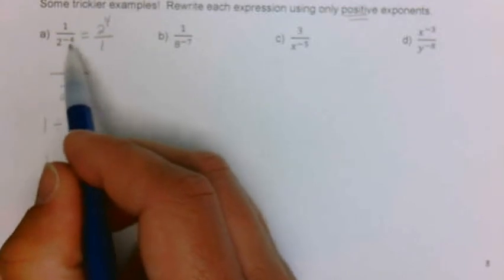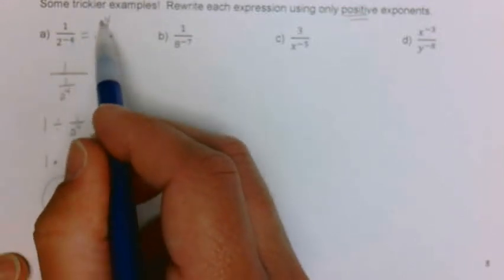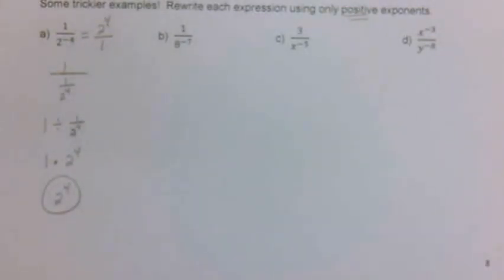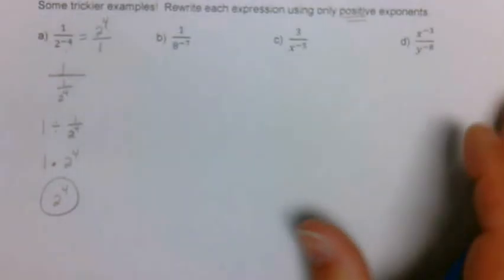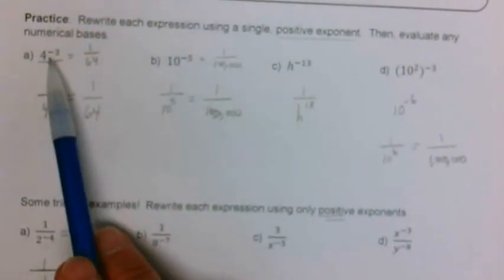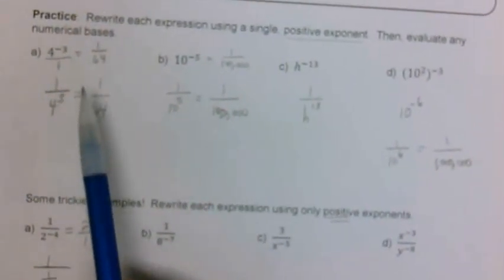So my negative exponent went from the denominator into the numerator. That's the idea here. When you have negative exponents and you take the reciprocal, the exponent ends up in the opposite place. If it starts in the denominator, it moves into the numerator and becomes positive. If it starts in the numerator, it moves into the denominator and becomes positive.